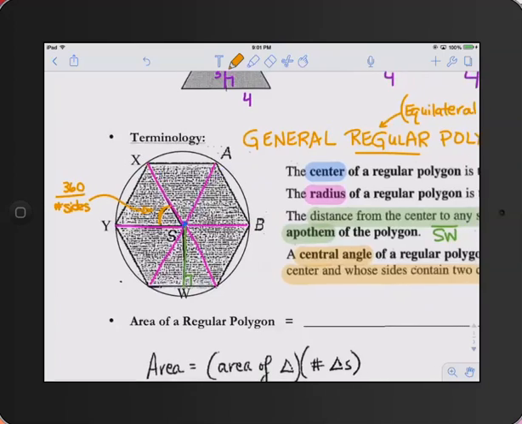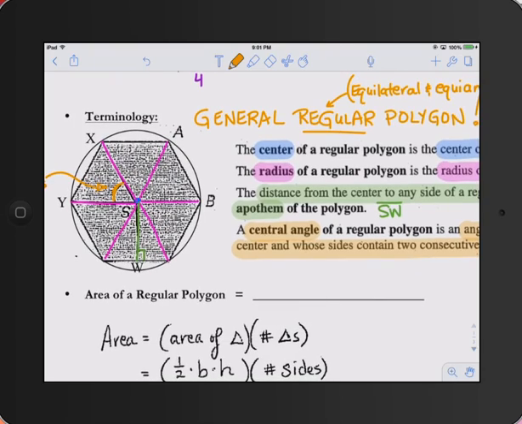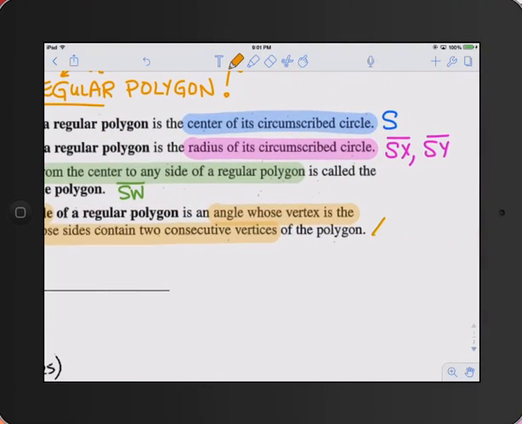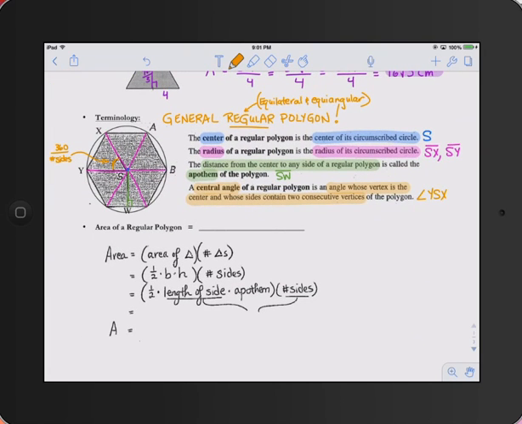So 360 over n would be the measure of one of the central angles. So angle YSX is a central angle of the polygon. And again, there are 6 central angles.